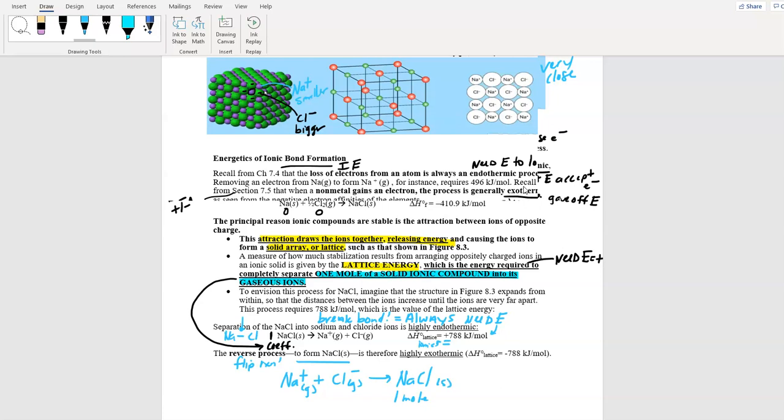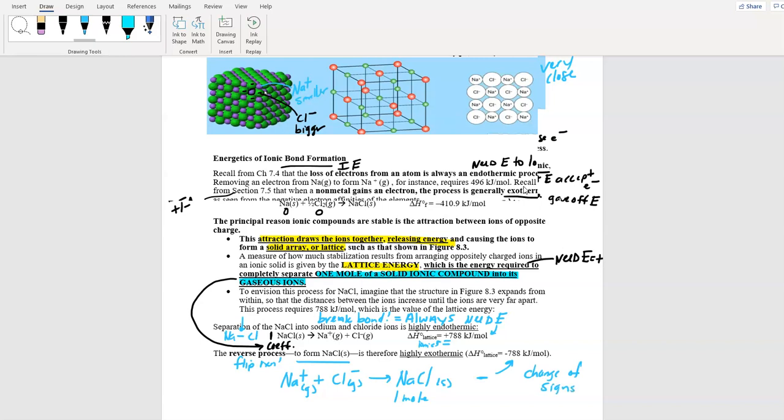Look what happens now. Now that I formed it, my energy, I don't have to write the number, it's right there, it's negative. So if one way is positive, when you flip the equation, it's a change of signs.